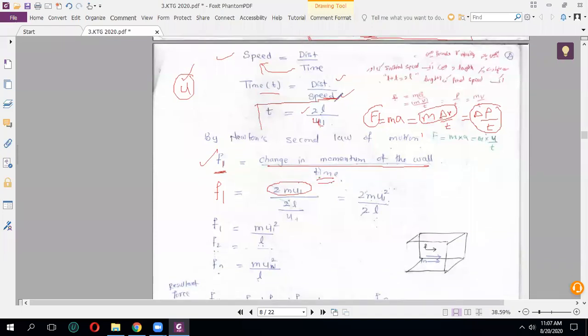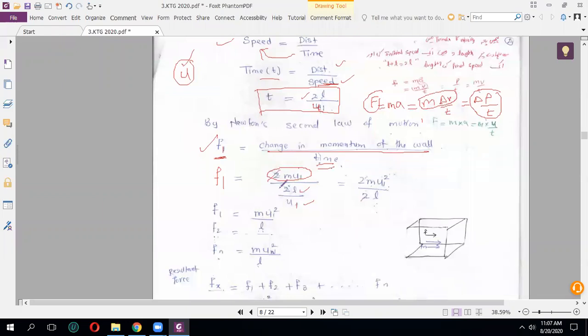See here, the time value is 2L upon u1. Now 2 and 2 cancel. Here the L goes downward and u1 goes upward. How do we get this? I hope you understand, this part is multiplied by this part, correct?